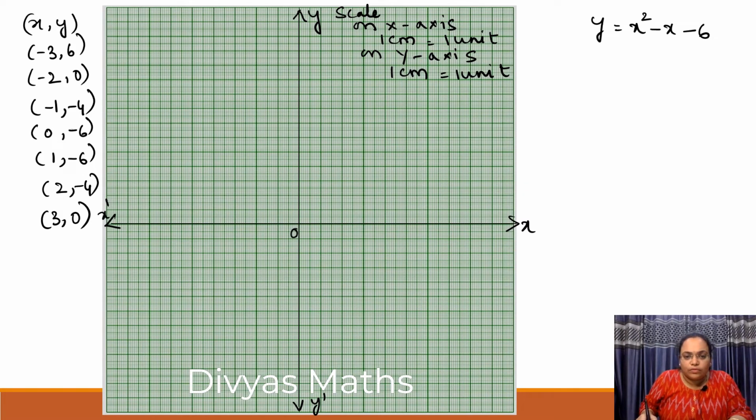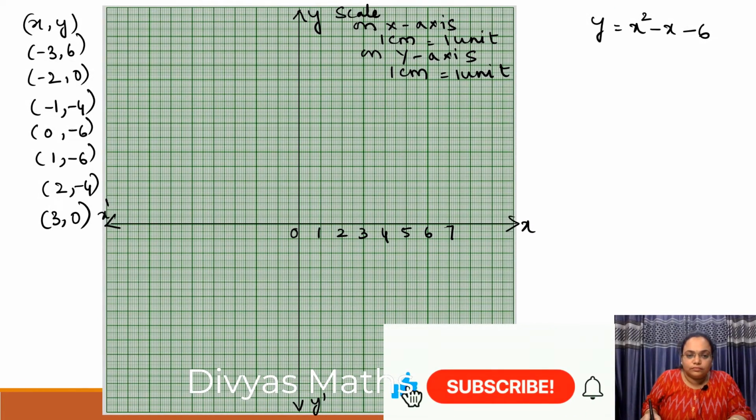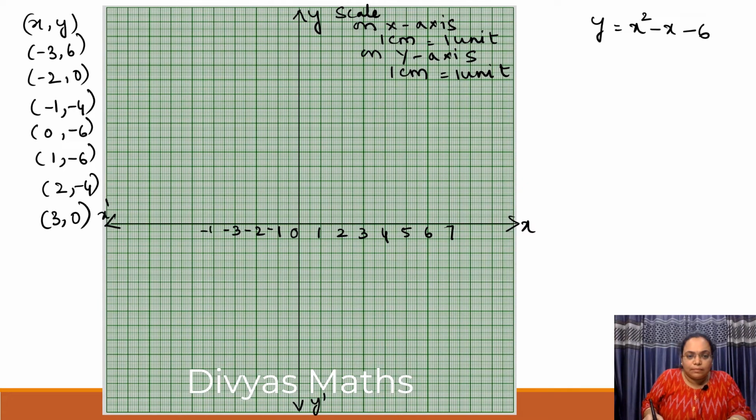So 0, 1, 2, 3, 4, 5, 6, 7, minus 1, minus 2, minus 3, minus 4, minus 5. And on the y-axis, 1, 2, 3, 4, 5, 6, 7, minus 1, minus 2, minus 3, minus 4, minus 5, minus 6, minus 7.